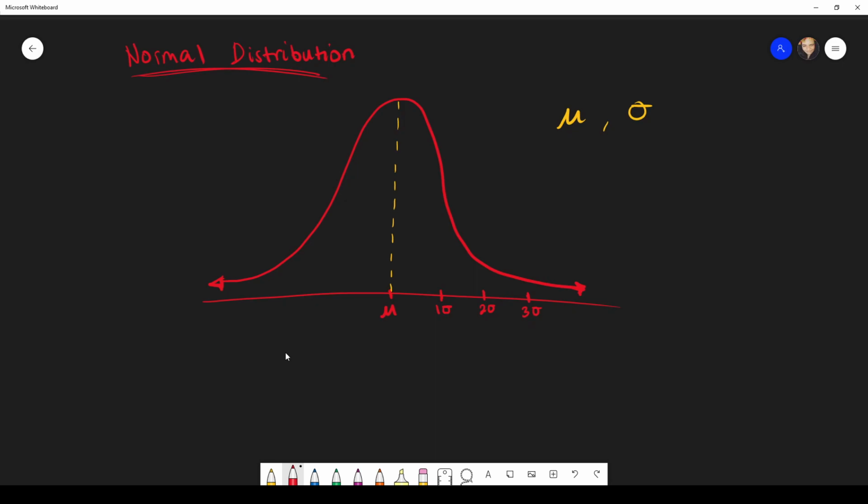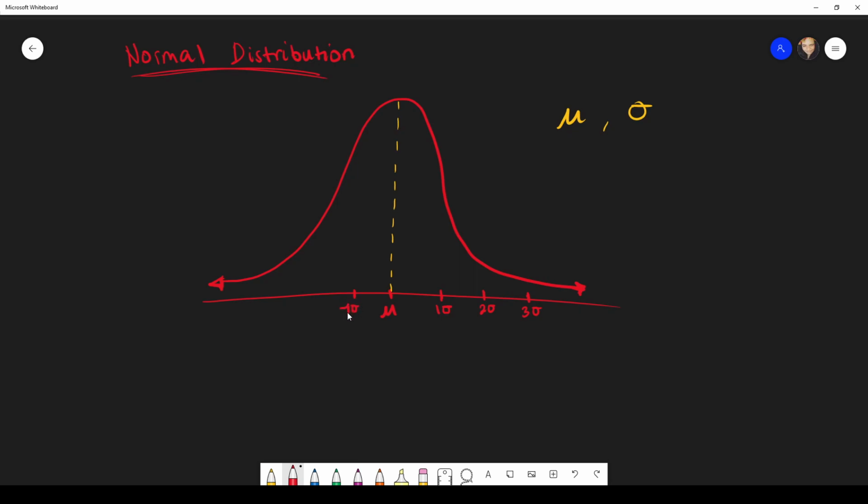If your x value is lower than the mean, it would be on the left side of your bell-shaped curve. So if your x values are one standard deviation away from the mean or below the mean, then that would be here.